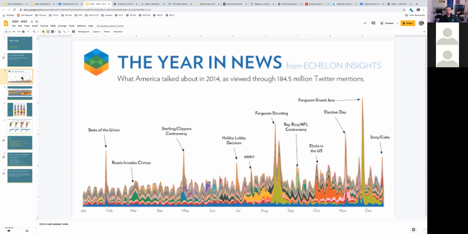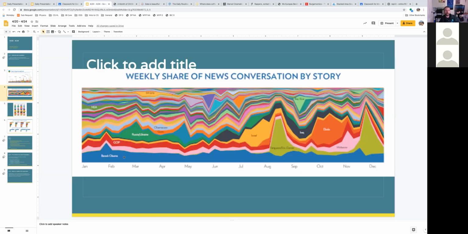If, on the other hand, you're doing this live and you're saying, all right, instead of doing this from January to December, let's say, what are the mentions within the last hour, right? And you're making more of a graph that maybe looks like this for just one slice. What are the mentions over the last hour? Well, tweeting wasn't nearly as popular in 2014 as it is now.